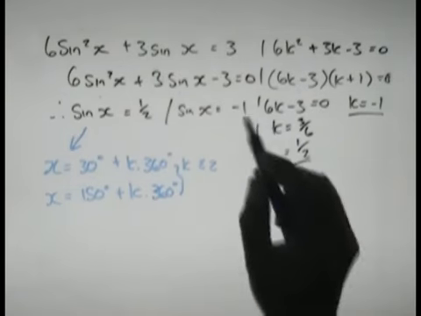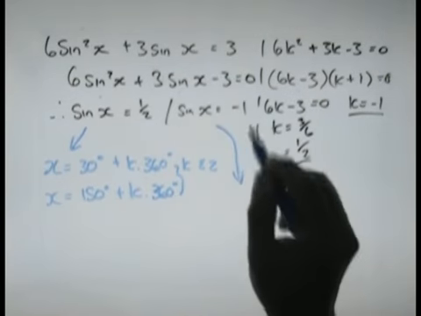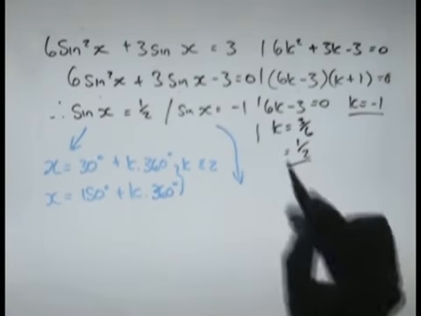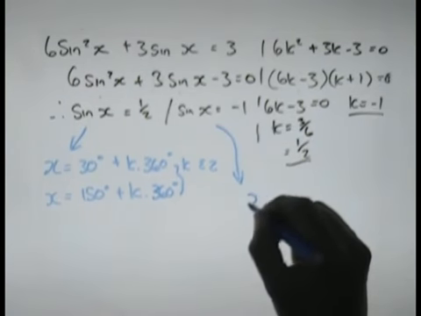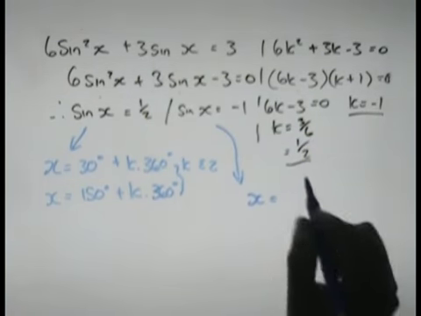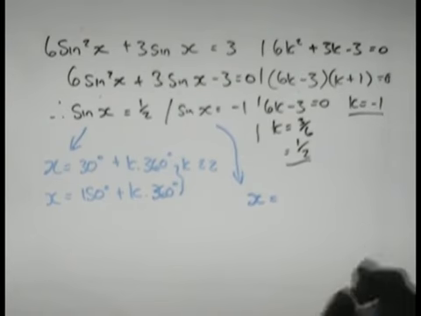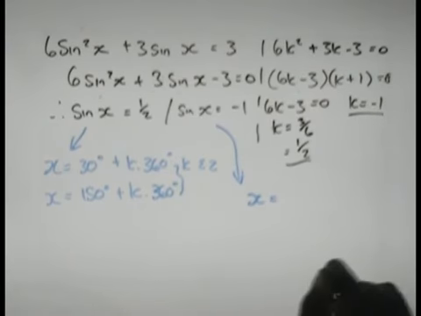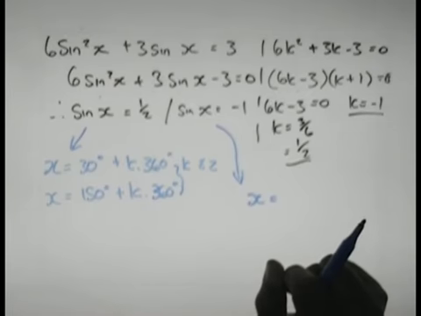But that's only two of the possible solutions. The other possible solution is when sine of x is equal to -1. That means that x is going to fall in either the third or fourth quadrant.